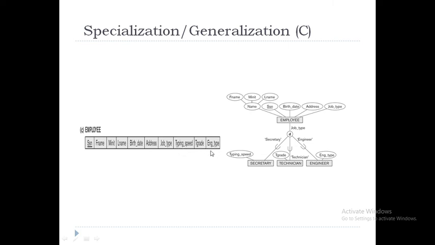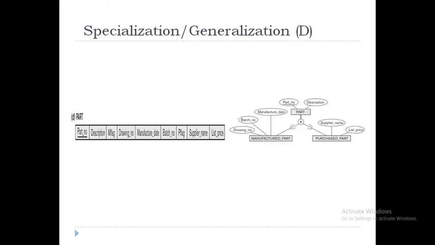The remaining two attributes will have null values, right? So in each employee tuple, out of these three attribute values, two will always be null. So it increases the null values in the relation. That is why this approach is not appropriate when you are mapping the specialization concept.